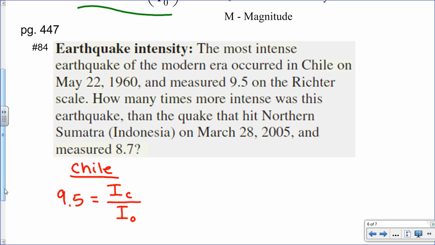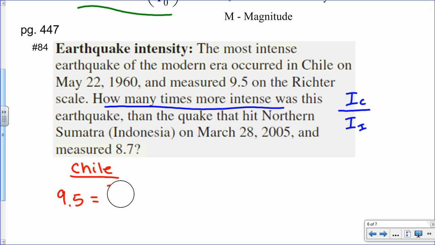Okay, so again, what I'm trying to find is how many times more intense. So I want to divide the intensity of Chile by the intensity of Indonesia. So that's my goal. So I need to find their intensities first, so I can then divide them.